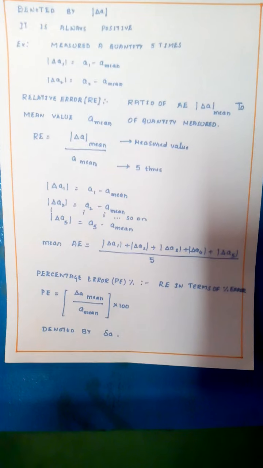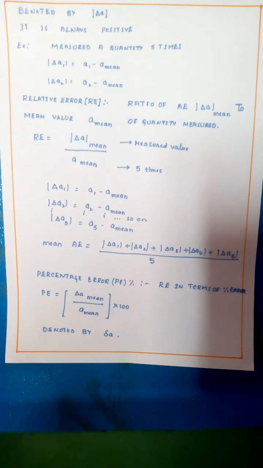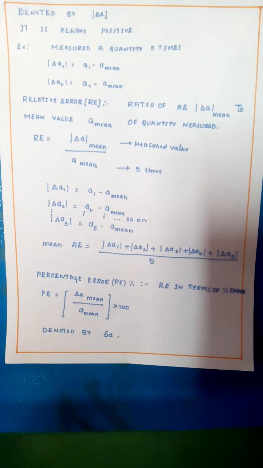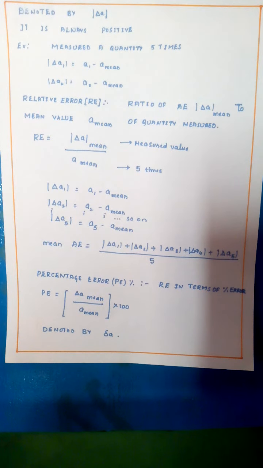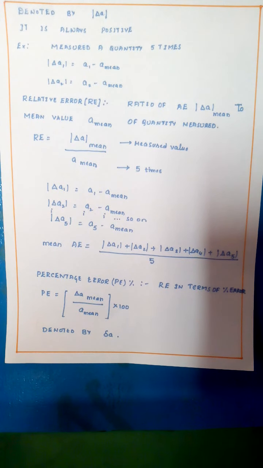Similarly delta A2 is A2 minus A mean, delta A3 is A3 minus A mean, delta A4 is A4 minus A mean, and delta A5 is A5 minus the average of all the 5 readings.